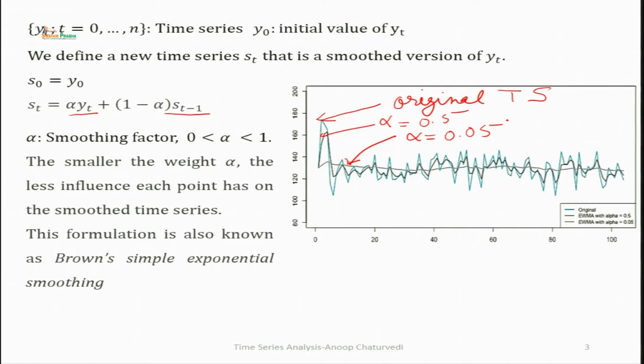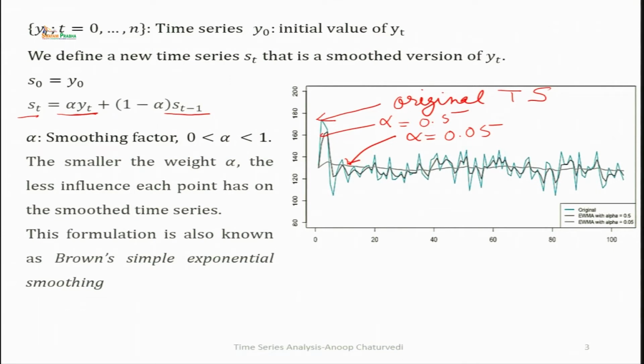But if you decrease the value of alpha, then the smaller the weight alpha, the less influence each point has on the smoothed time series. So, the weight of y t decreases. Its role in defining S t decreases.